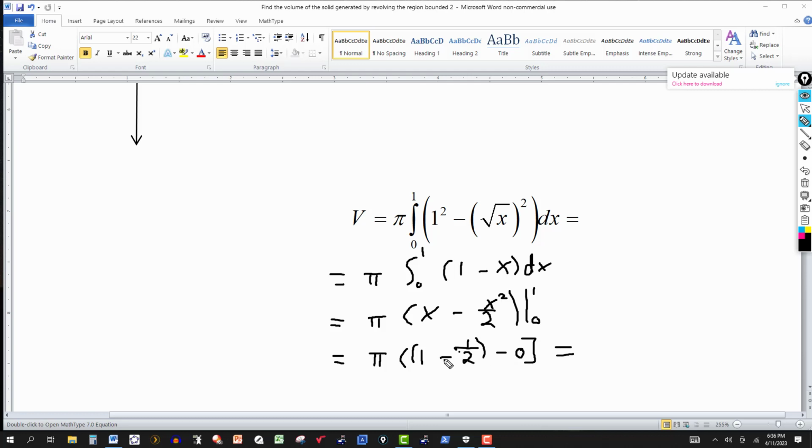So we have 1 minus 1/2 is 1/2 minus 0 is still 1/2, times pi. So we get the volume of revolution of that particular solid generated from that region is pi over 2.